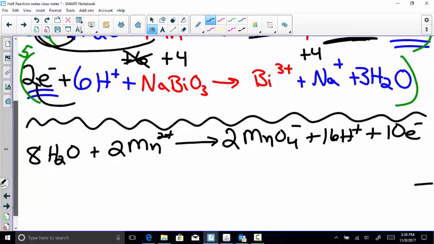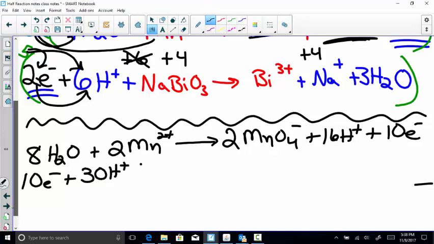I'm going to take 5 times 2, and that gives me 10 electrons, plus 5 times 6, which gives me 30 H pluses, plus 5 times that, which is 5 NaBiO3.